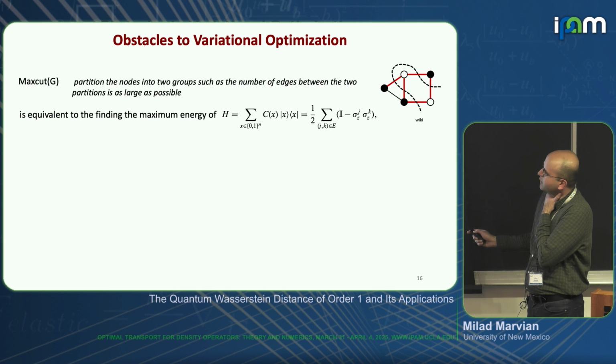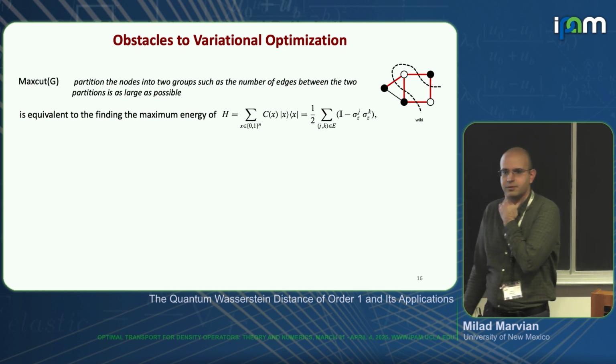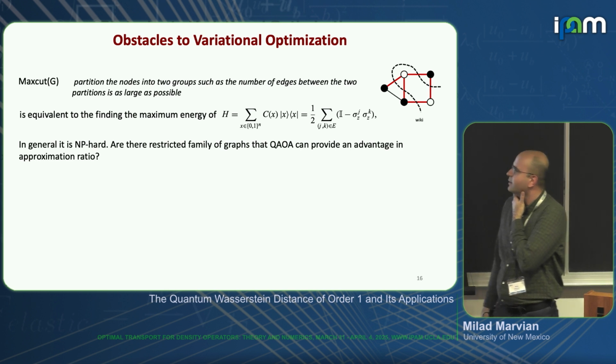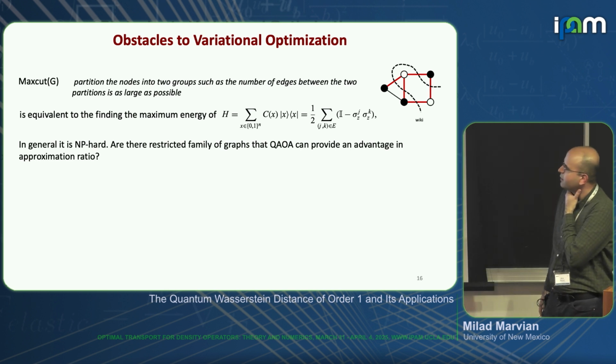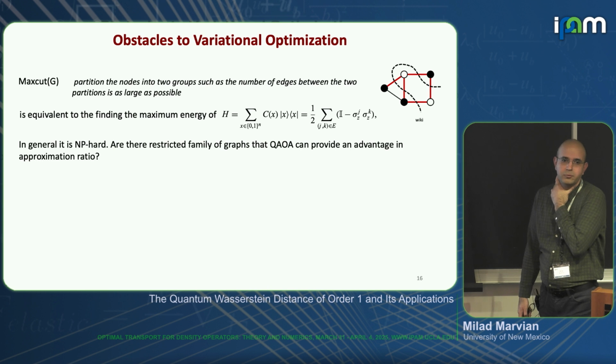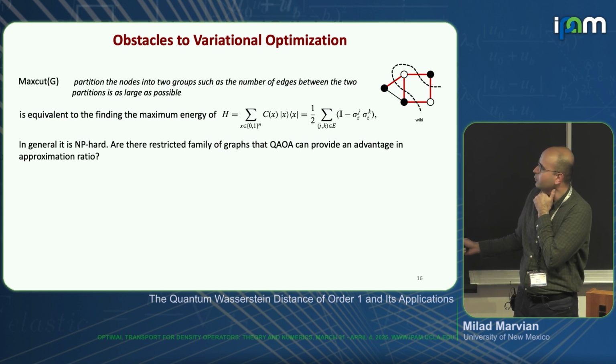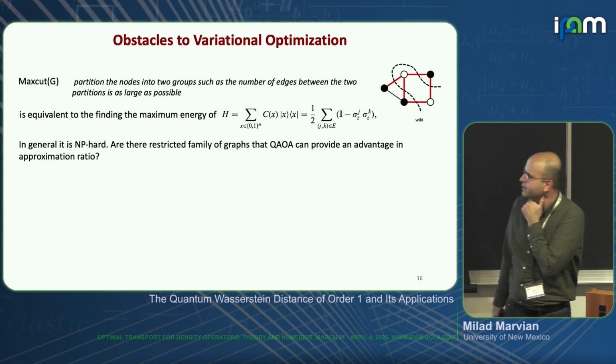The interaction between these variables is defined by the graph. E is referring to the edges of the graph. As I said, this problem can in general be hard, and we might hope to find interesting classes of problems where we can do better than classical algorithms using this.